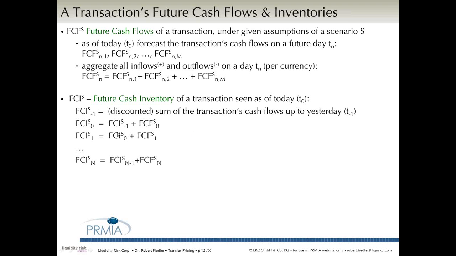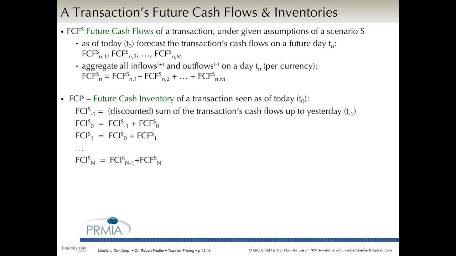In T0, today, we just take this starting point from the day before and add today's cash flows. Tomorrow we do the same. We take the starting point as of today and just add tomorrow's cash flows, and so on and so forth for the next n days of our scenario horizon where we want to do this.